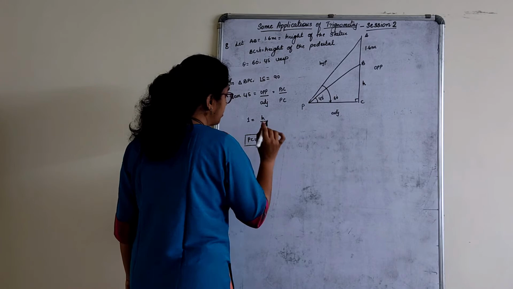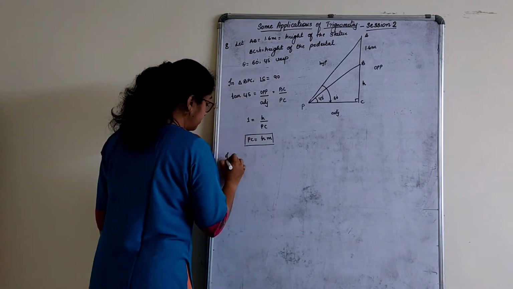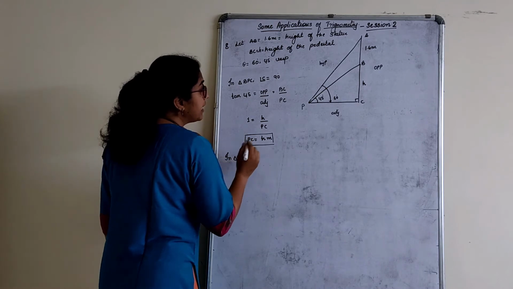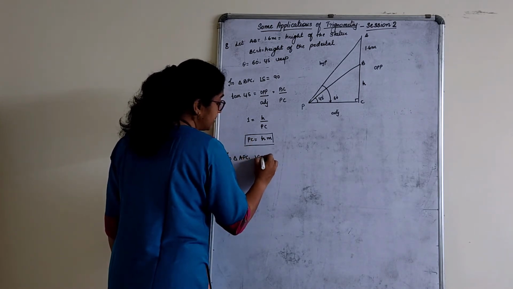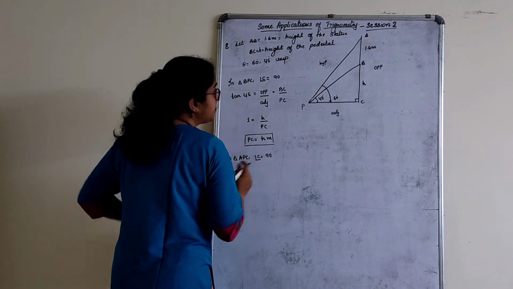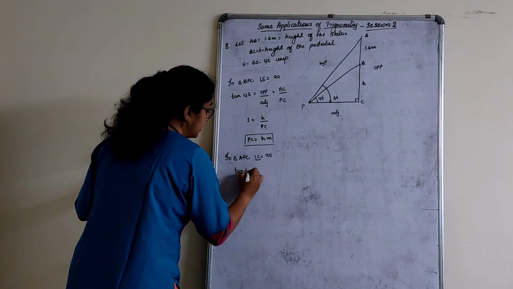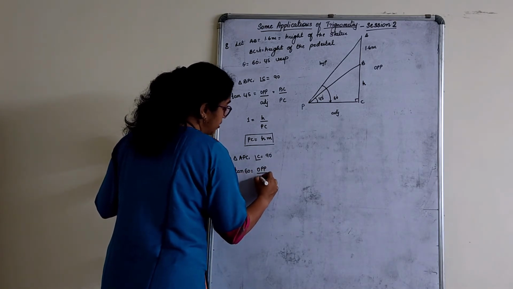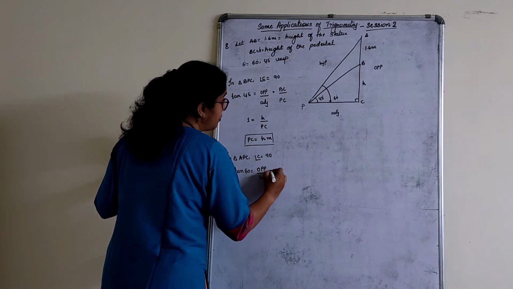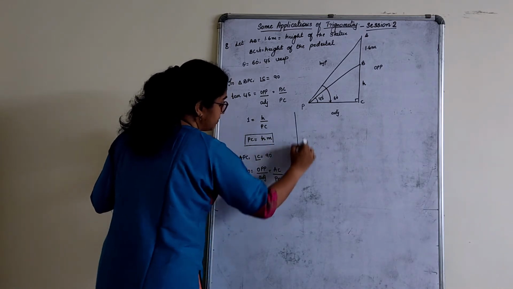The measurement of PC we got now, which is what we required in the next part. Next, in triangle APC, angle C is equal to 90 degree. Tan 60 is equal to opposite upon adjacent. Opposite is AC, AC upon PC.